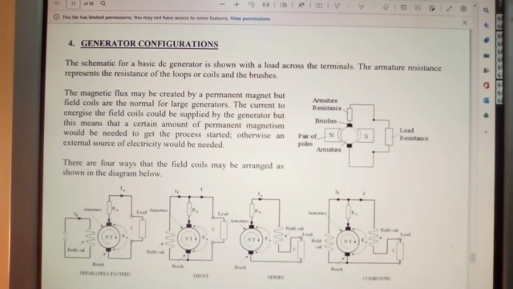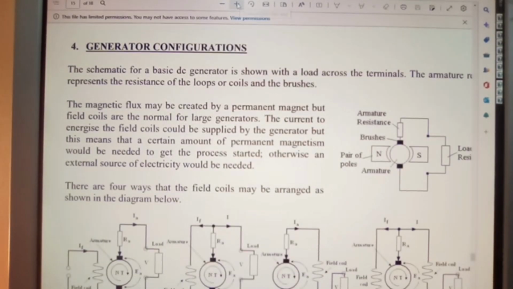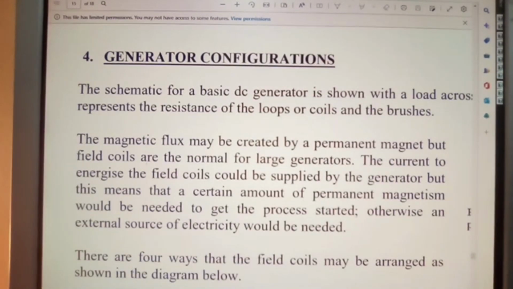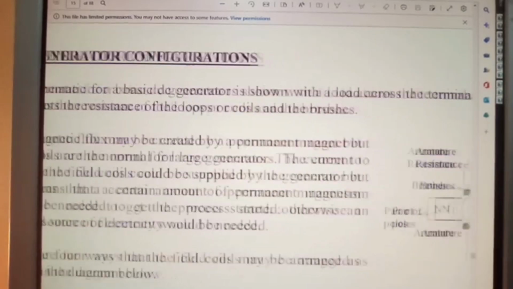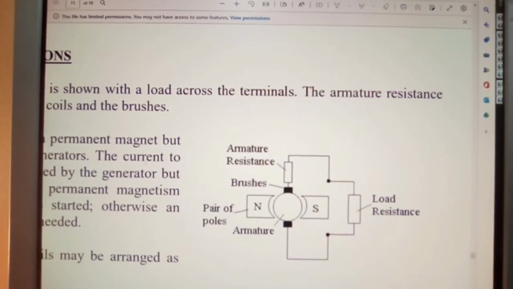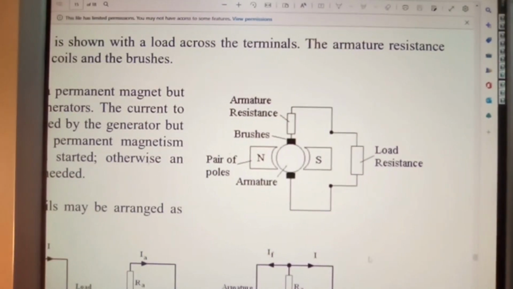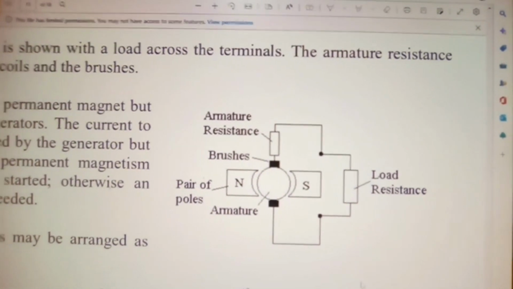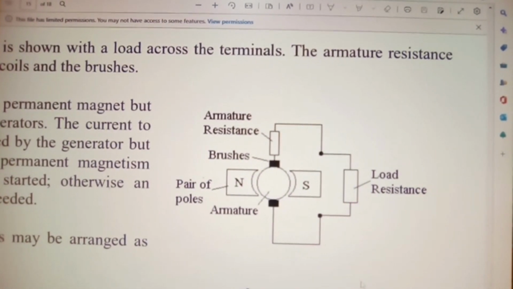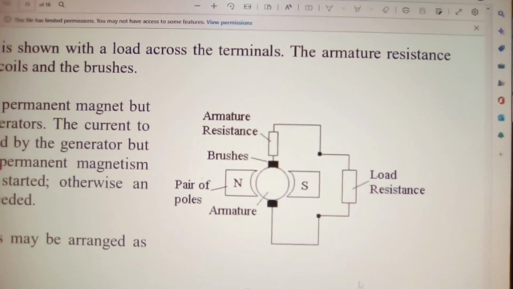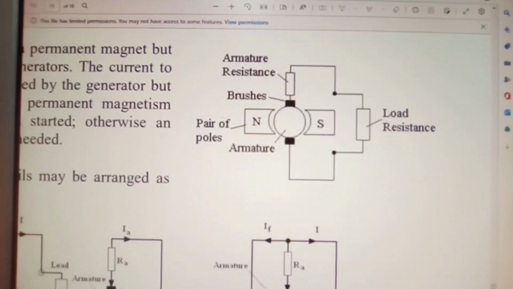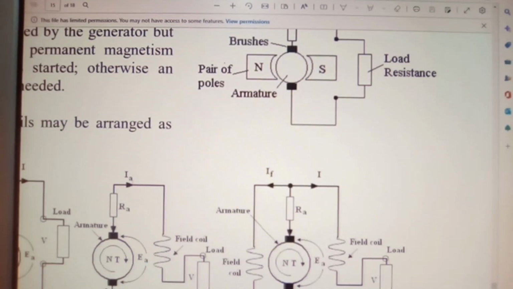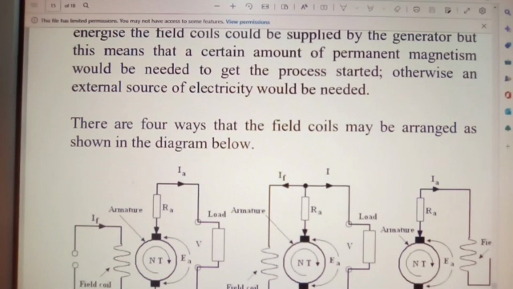I'm going to make each of these bigger so that you can see it. And down here you can see the armature resistance, brushes, etc. Again, load resistance. Let's look at these in turn.